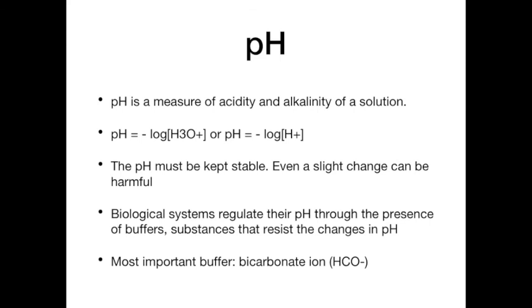These are called buffers, and a buffer works by either absorbing excess hydrogen ions or donating hydrogen ions when there are too few. They help biological systems regulate their pH. One of the most important buffers is this, because when it needs to, it can give this H or it can take one more H, one more hydrogen atom.